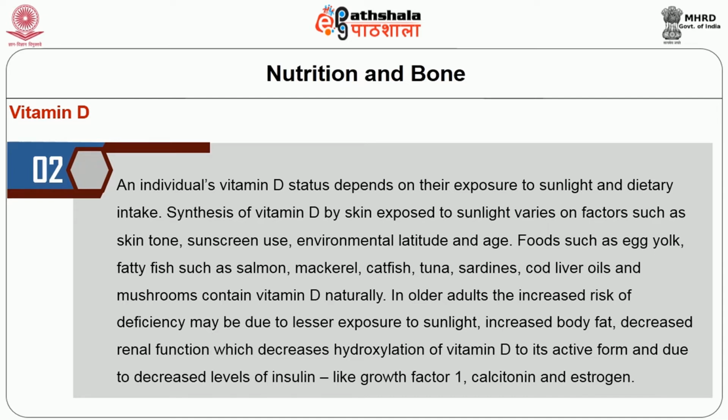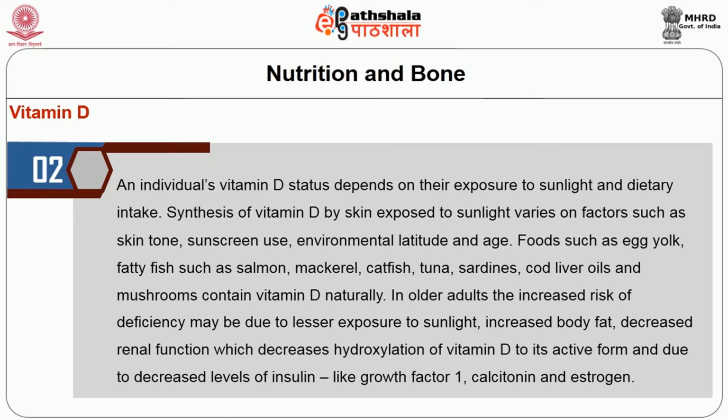Would you ever forget the all-important vitamin D? Yes. An individual's vitamin D status depends on exposure to sunlight as well as dietary intake. Synthesis of vitamin D is by skin exposed to sunlight and also varies with factors such as skin tone, sunscreen use, environmental latitude and age. Foods such as egg yolk, fatty fish such as salmon, mackerel, catfish, tuna, sardines, cod liver oil and mushrooms are some of the few food sources that have vitamin D naturally.